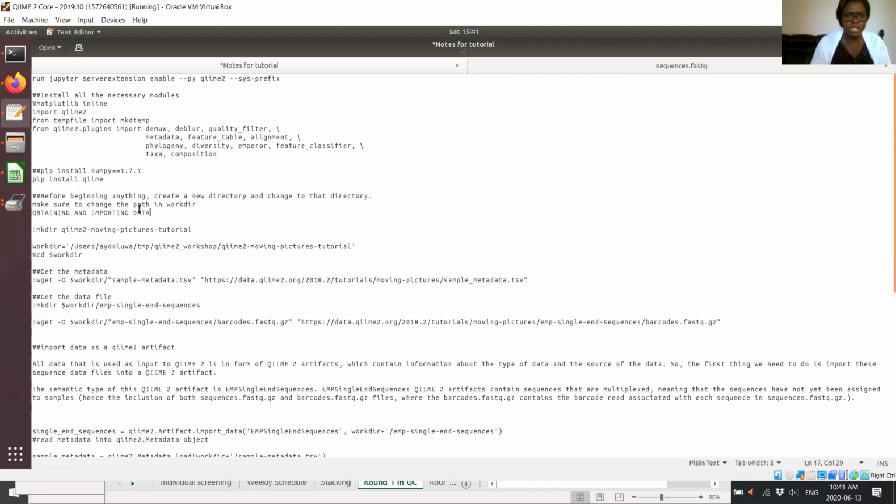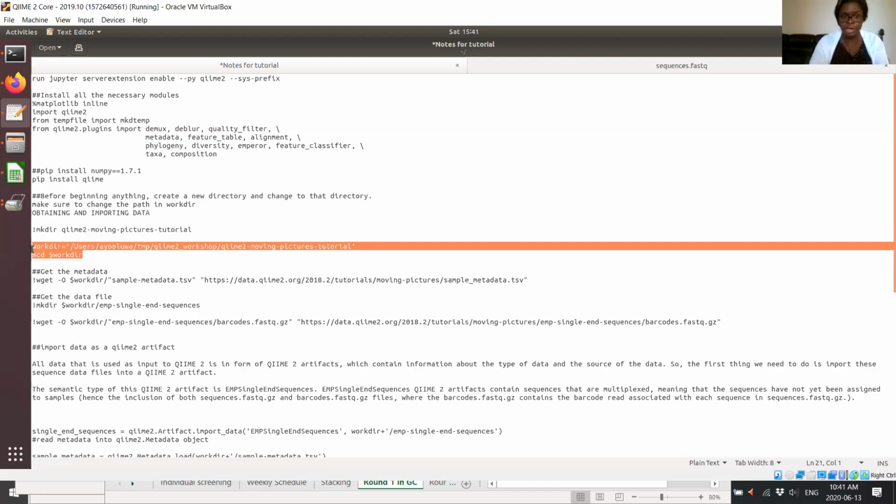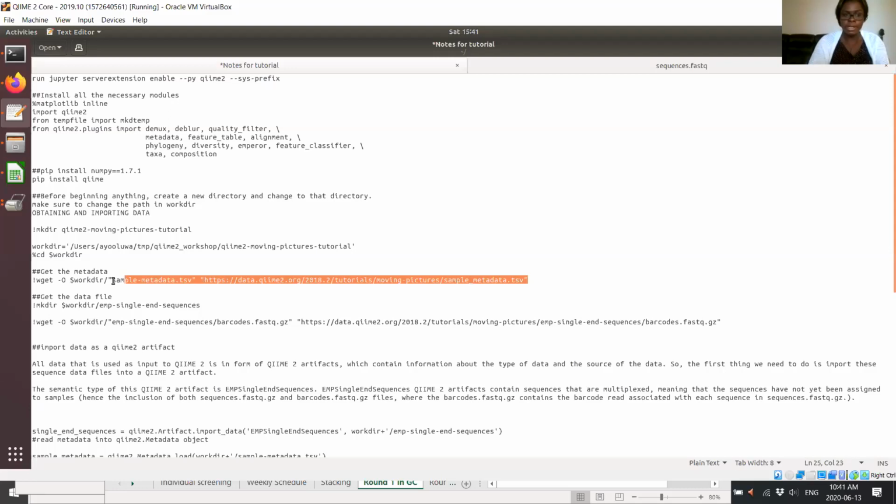I'm not going to spend too much time on things, but just to give you a sense of what it ends up looking like. You download, you make your directory, which we all know is very essential. Make your working directory, make sure you're in your working directory, and then you get your metadata file. If I was working with my own sample, I would make my metadata file. A metadata file is a file that tells you more about your data.